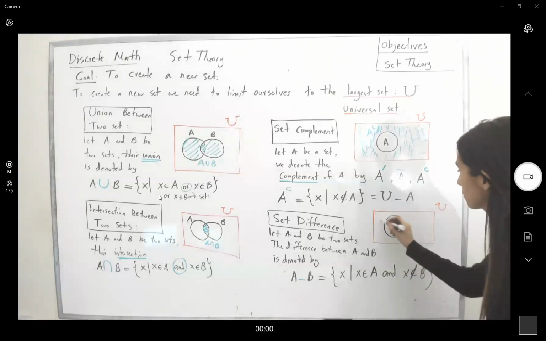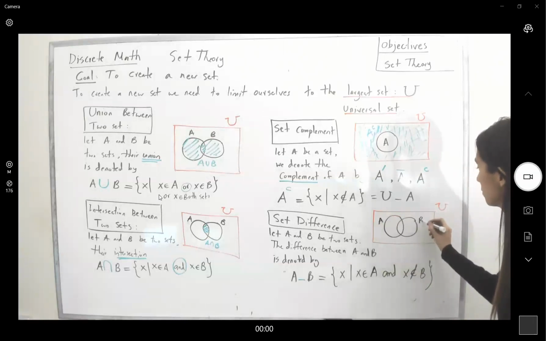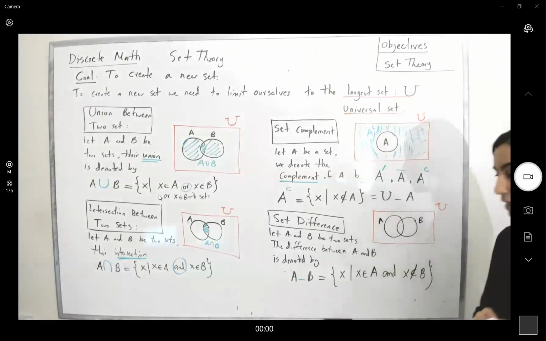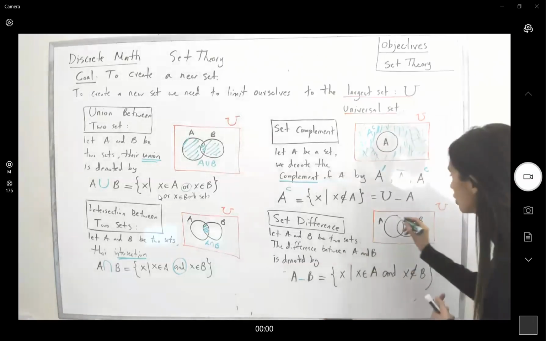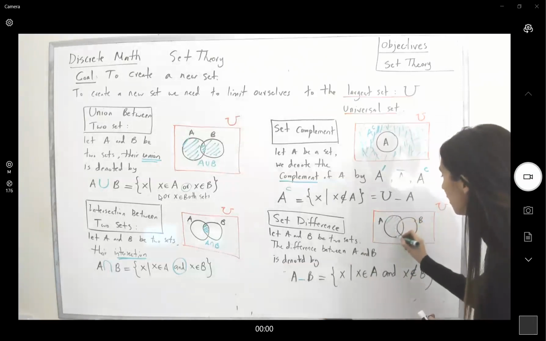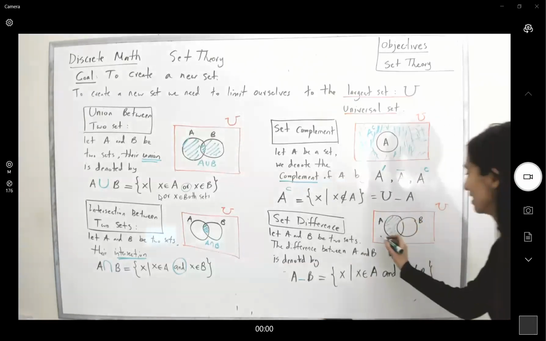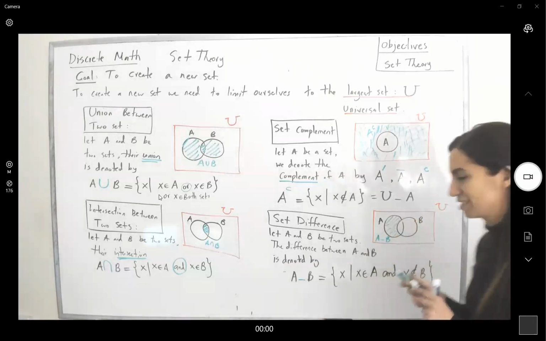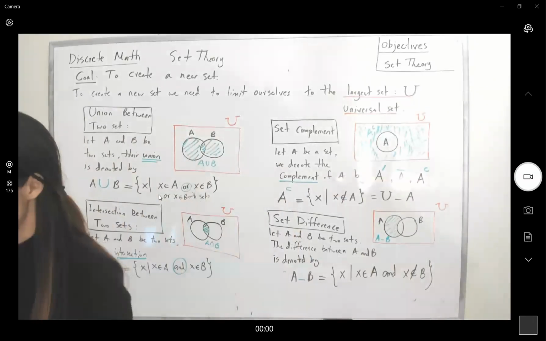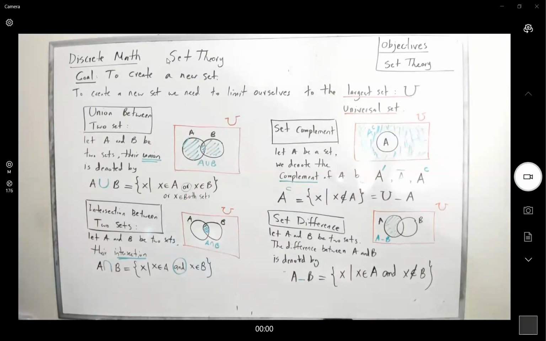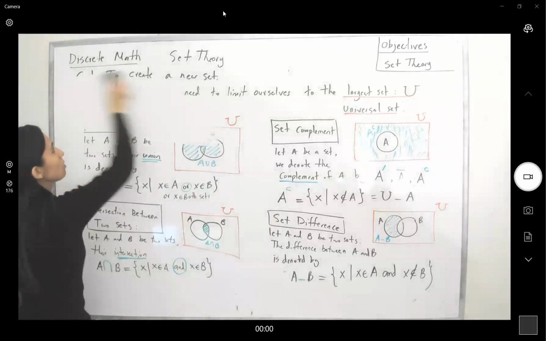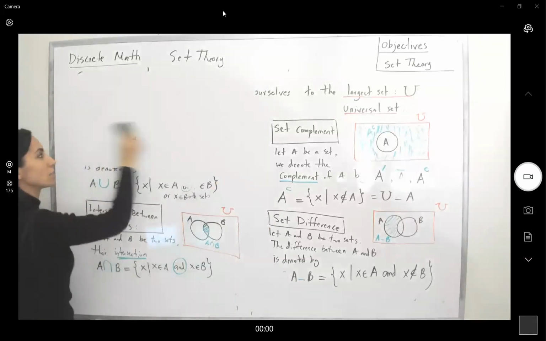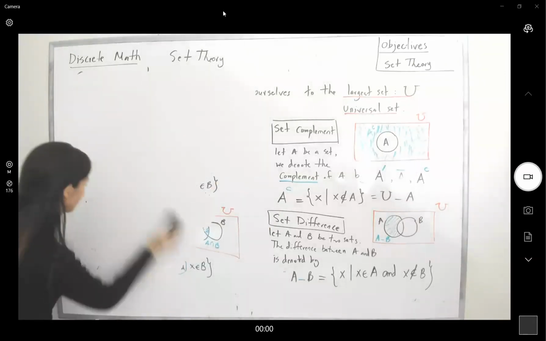You have A, you have B, all elements that are in A, not in B. So you have to exclude B. So we're just going to shade this part, which has nothing to do with set B. This is A minus B. So this is our goal, to create a new set by using these operations between sets.